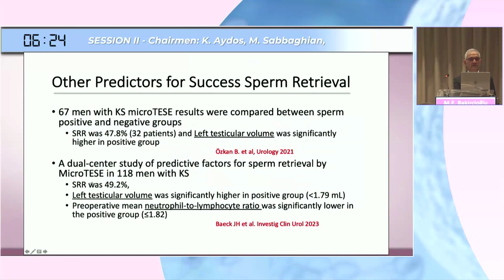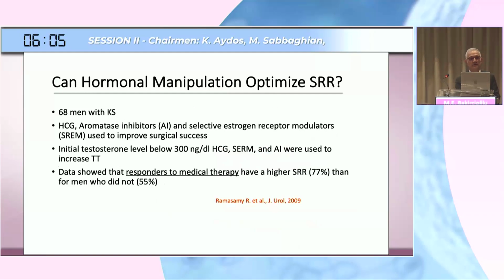And another study, 2023, found that in 118 men with Klinefelter syndrome, left testicular volume is significantly higher in the positive group. Also, this is an interesting finding in Klinefelter's men.